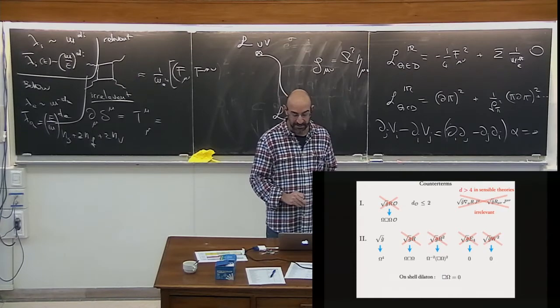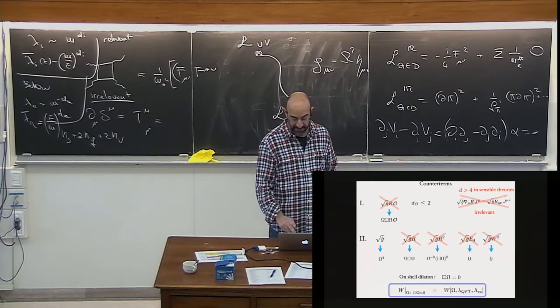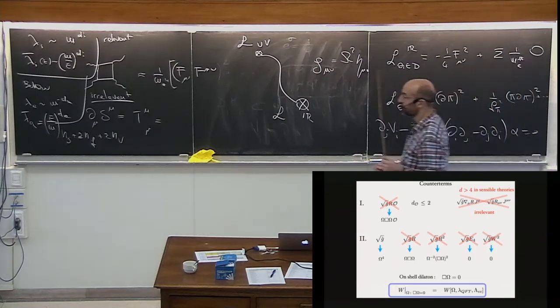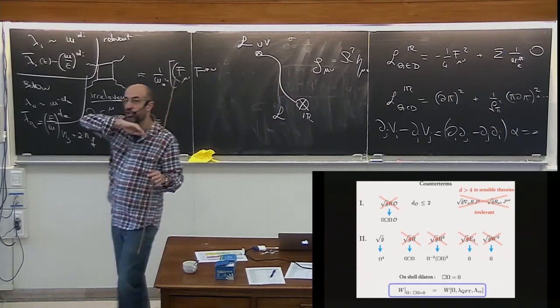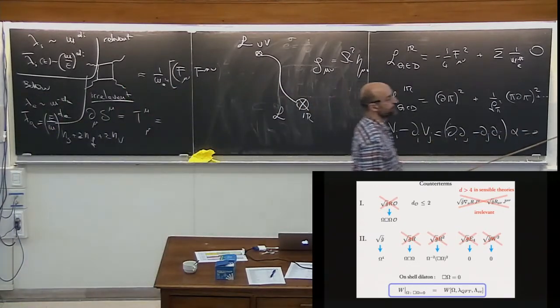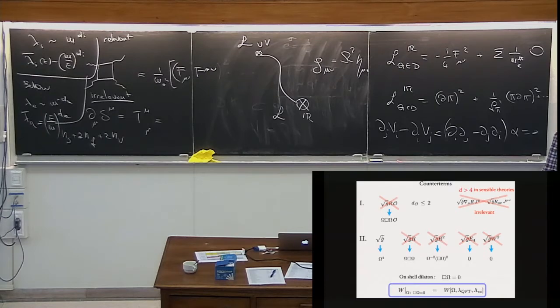So if I want to consider the quantum effective action for this external metric, a conformally flat metric, and I further take the metric not for general omega, but on shell satisfying box omega equals 0, then the finite quantum effective action is controlled, in terms of parameters, by the renormalized parameters of the original quantum field theory plus the cosmological constant and nothing else.